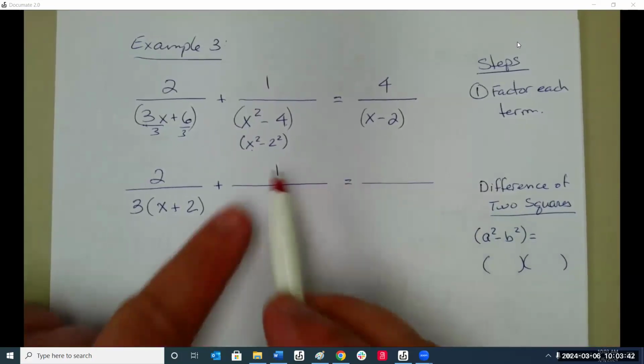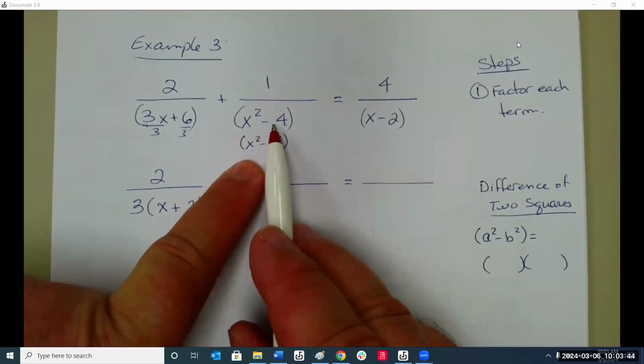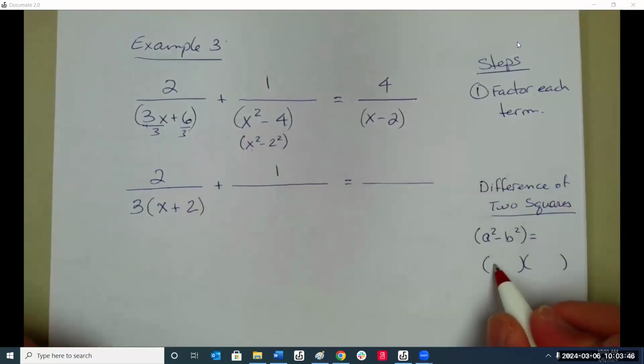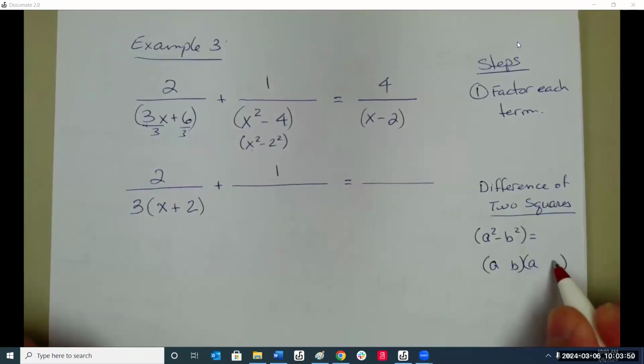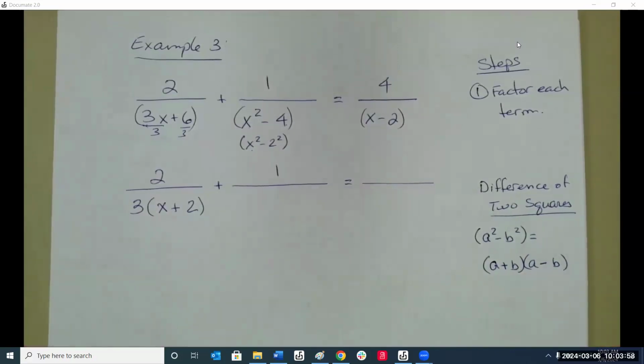Because remember, what's missing is a middle number. So we have A and B in both of these things, but the signs are opposite. These are called conjugates. When you change the sign between them, it's the same numbers.